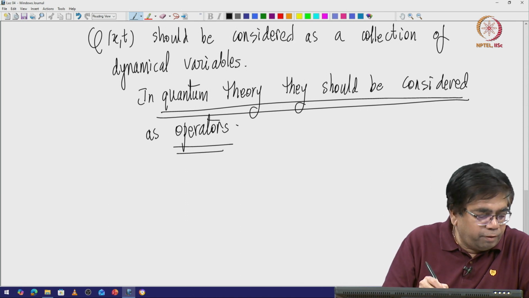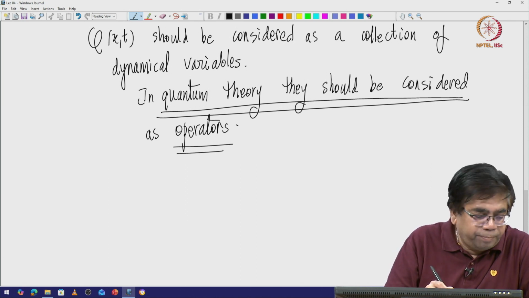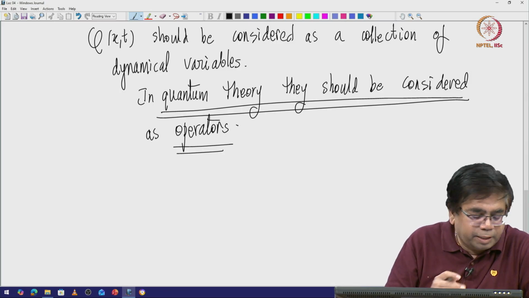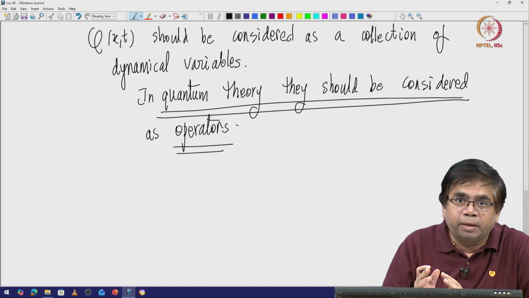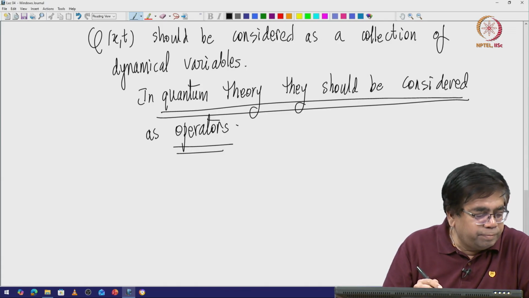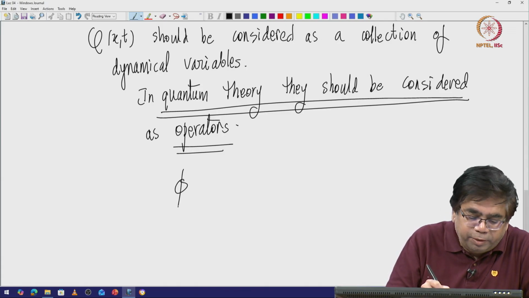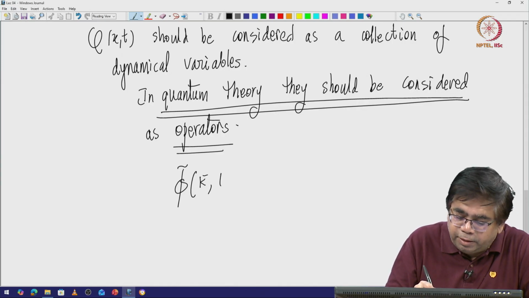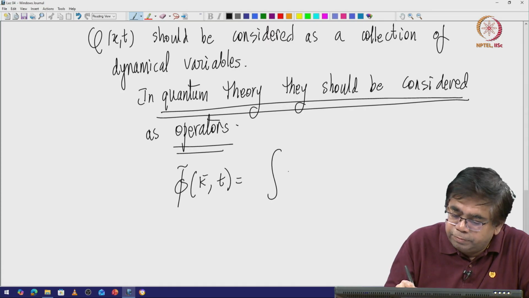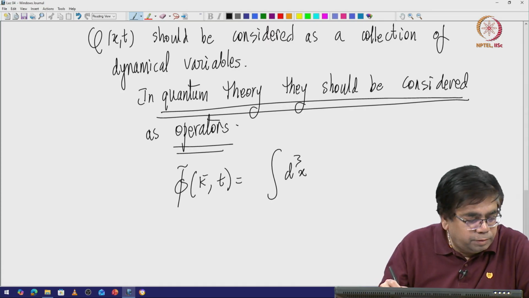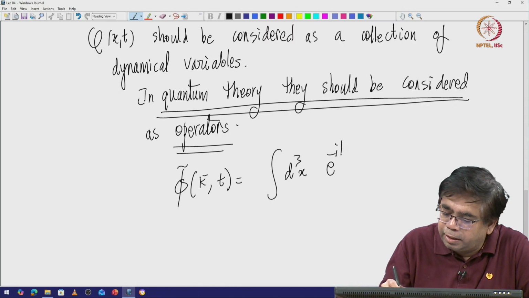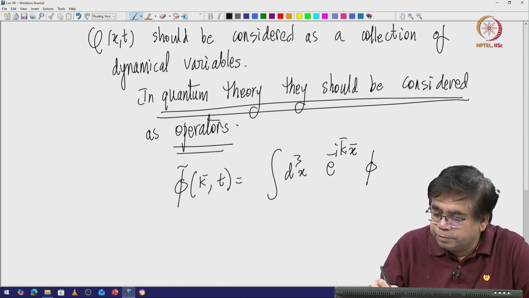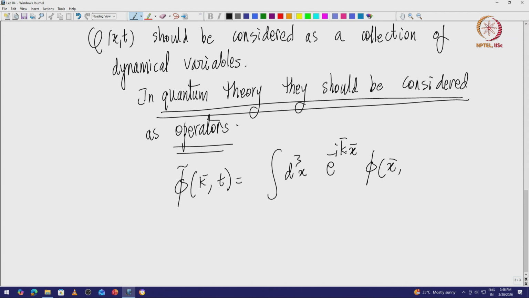So the field phi of x, you can consider linear combinations of these operators continuously, instead of writing a collection of these operators. In other words, you can take phi tilde of k, t equal to the integral d cubed x of e to the power minus i k dot x times phi of x, t.